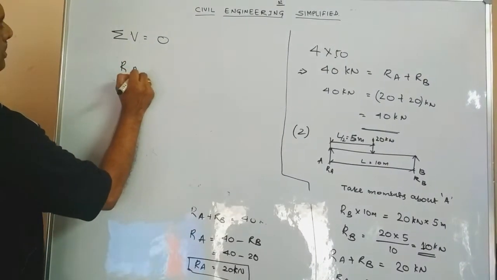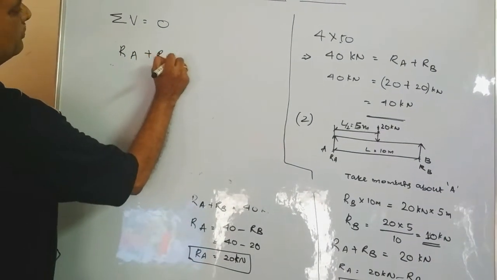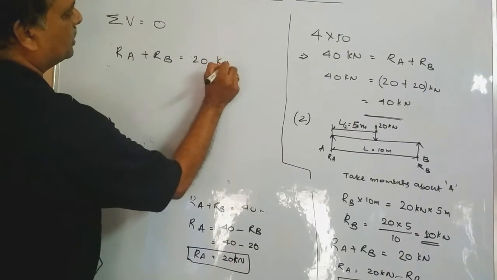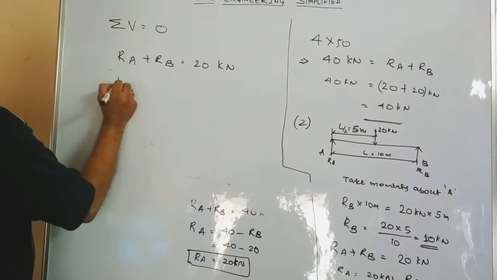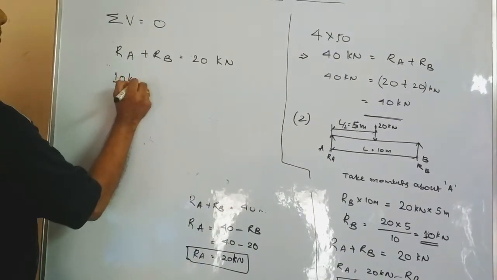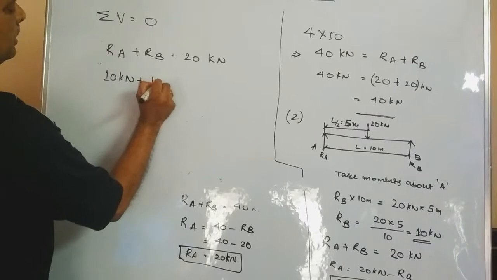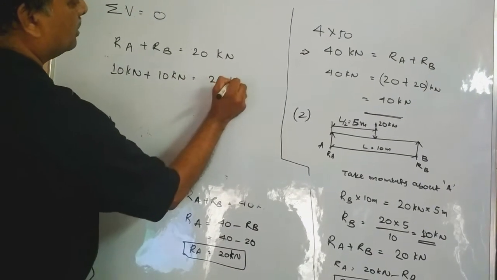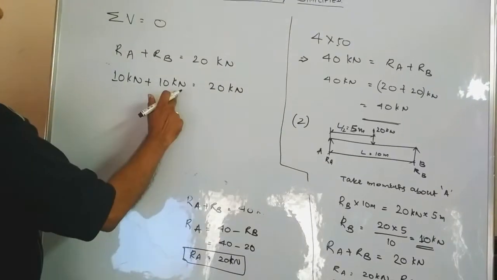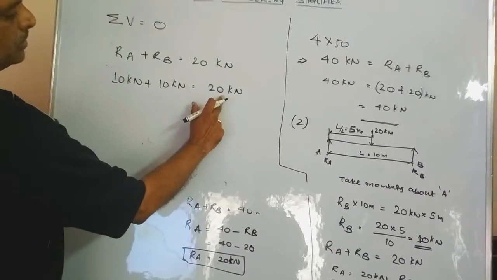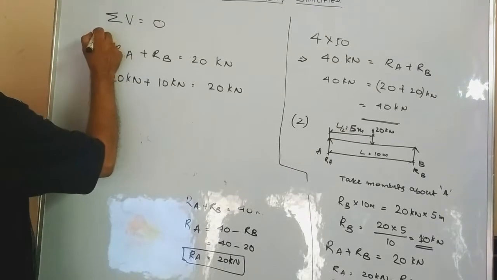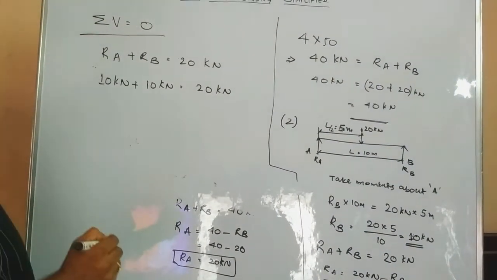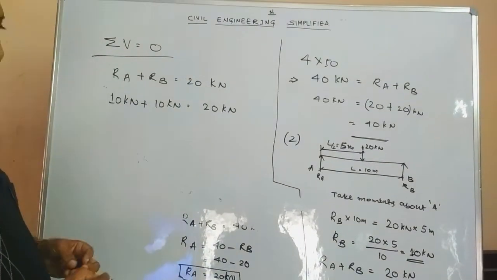Hence RA plus RB in this case will be equal to the total downward acting load, which is 20 kN. We know that calculated value of RA is 10 kN and RB is also 10 kN, which is equal to 20 kN. So 20 kN upward force will be equal to the downward load of 20 kN, which satisfies the equation of equilibrium, sigma Fy equals 0.